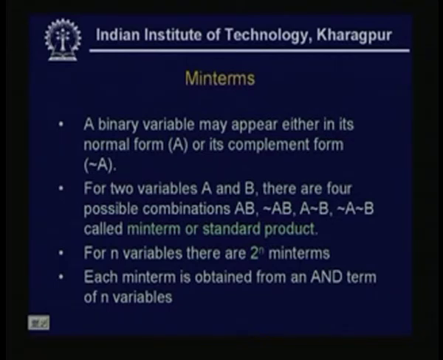So, a binary variable may appear either in its normal form, just now I mentioned A, or its complement form negation A. For two variables A and B, there are four possible combinations: AB, negation A B, A negation B, negation A negation B.